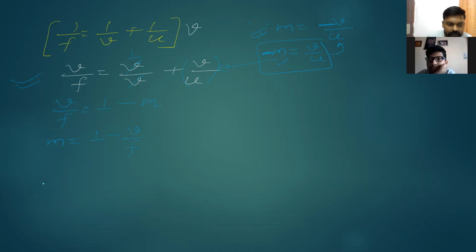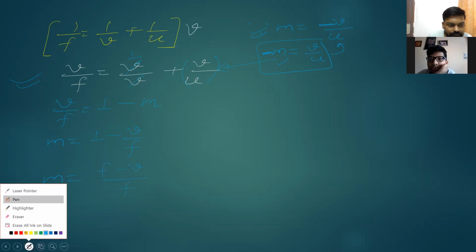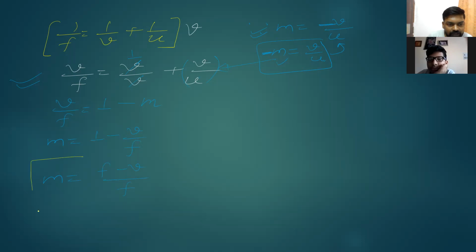So take LCM here. So m is equal to f minus v upon f. This is another formula for linear magnification: m is equal to f minus v upon f.